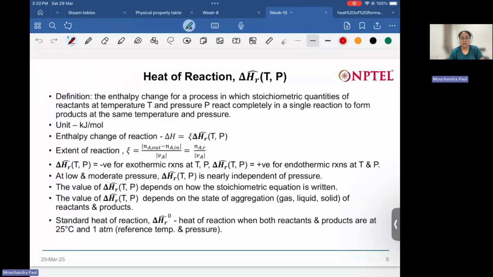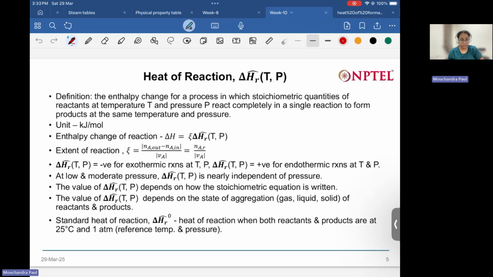So with this, I'd like to start with a small concept already discussed in the lectures, but a brief explanation about heat of reaction will help us to do some problems based on this concept.